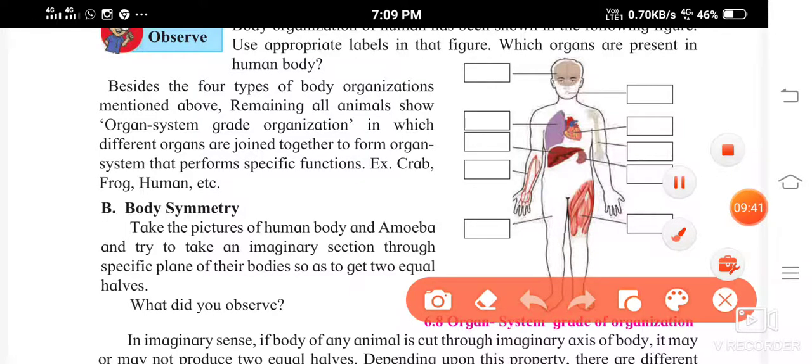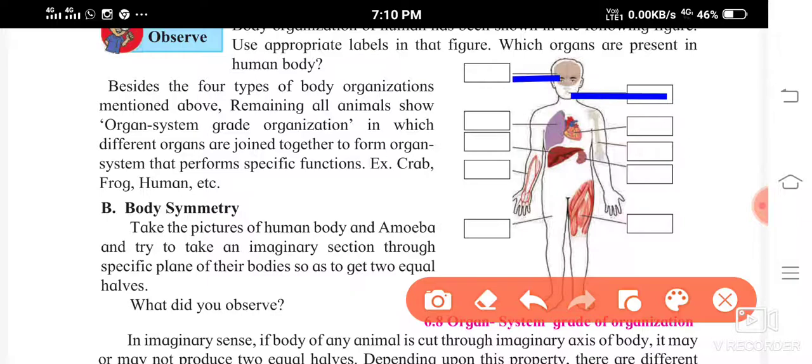Human being, the diagram of a human is given to you. Actually, you should be able to write the organs. So you can see the brain. Yes, this is the brain, right? This is the mouth. Then you can see over here the heart is there, lungs are there.